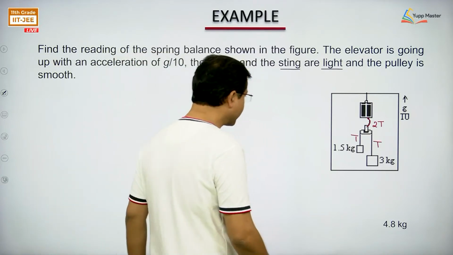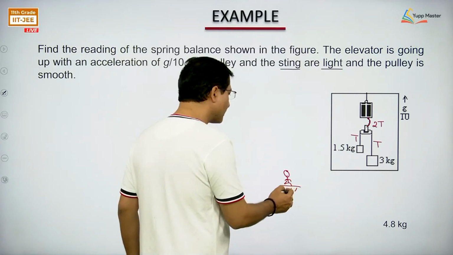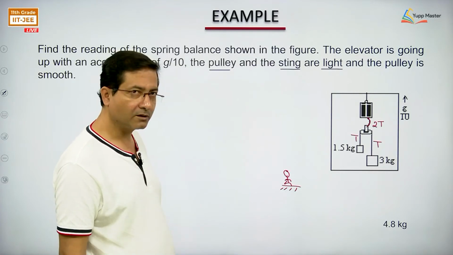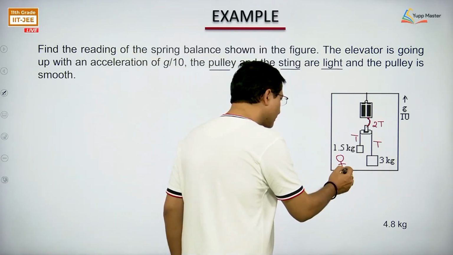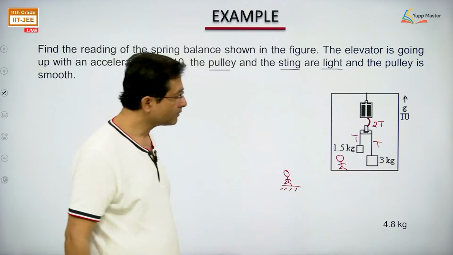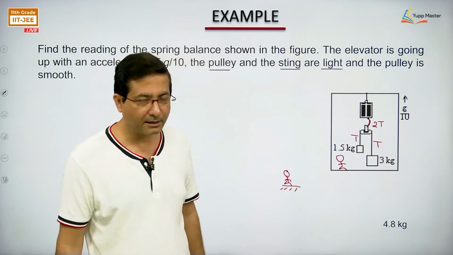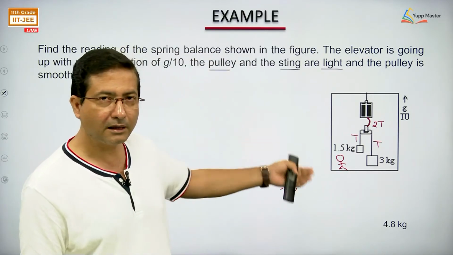Now I can observe the motion of these two blocks with respect to an observer standing on the ground, or I can observe the motion standing here. With respect to a person standing on the ground or with respect to a person inside the lift, I am going to get the same value of the real force.